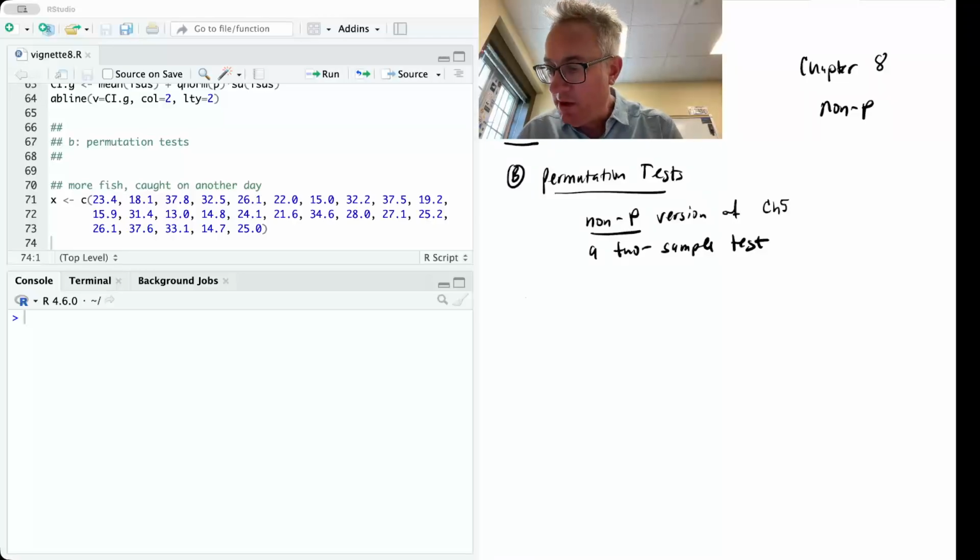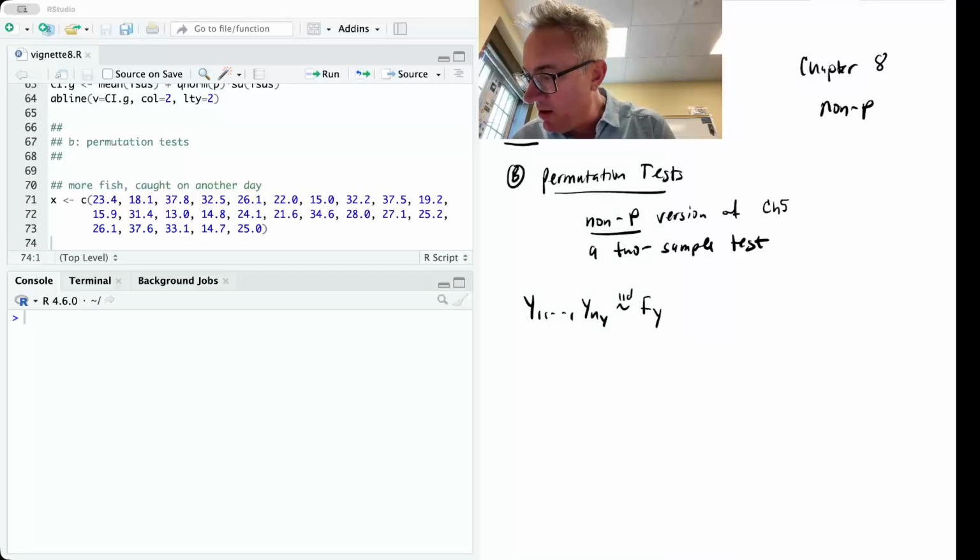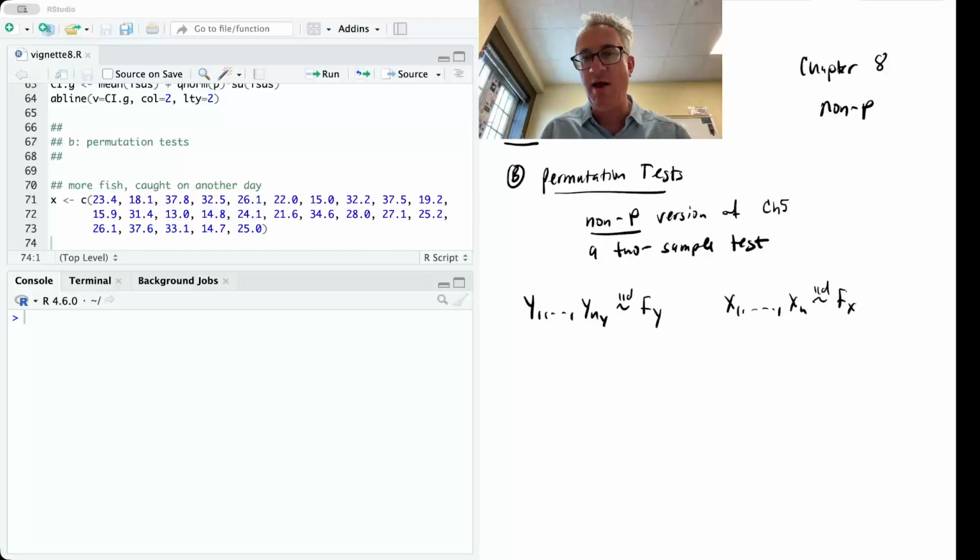So we're going to have two samples that I'm going to represent kind of generically as coming from distributions fy and fx. So look, I am writing a distribution down, but I'm doing it just in notation.